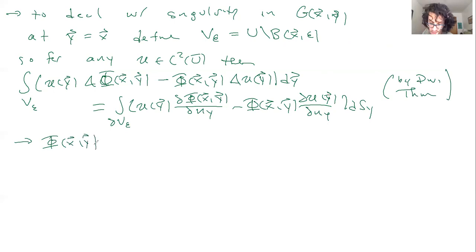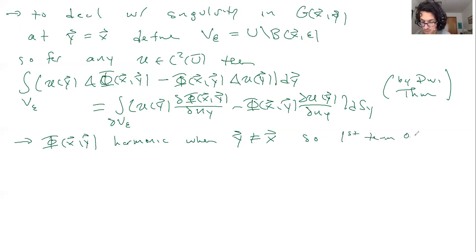So what else do we know? Well, we know that phi is going to be harmonic so long as y is not equal to x, right? Because the Laplacian of phi is equal to 0 everywhere except where y is equal to x, and that's where you have this delta distribution singularity, okay? So that's why we cut out the ball. So that means the first term on the left-hand side is 0. Okay, so we're starting to get rid of some terms.